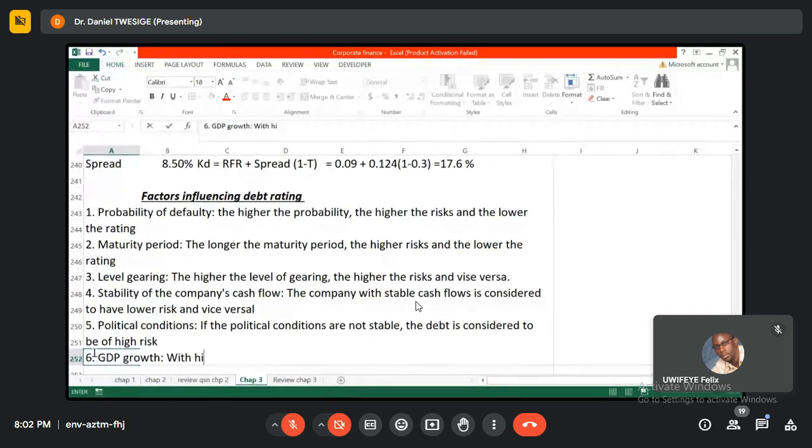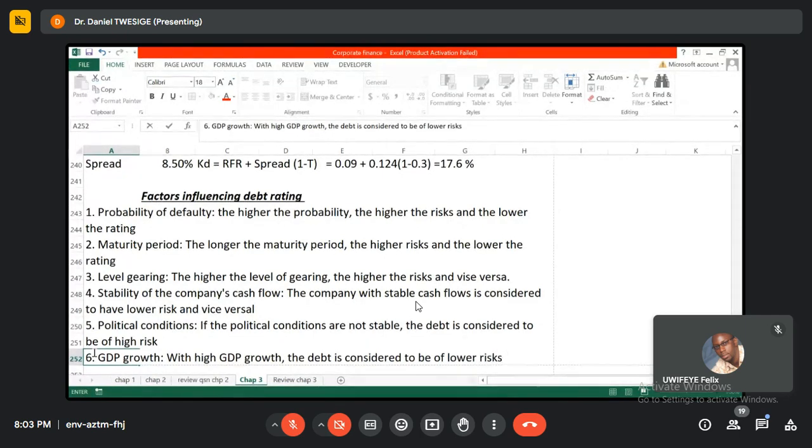With high GDP growth, the debt is considered to be of low risk because there is a lot of economic activity, so you can be able to pay the debt, and vice versa.